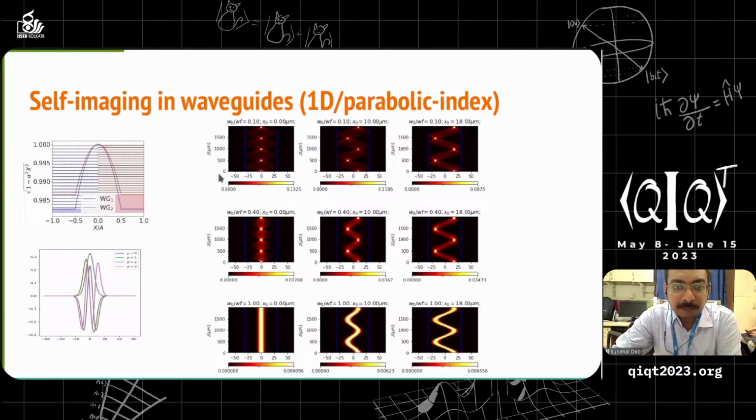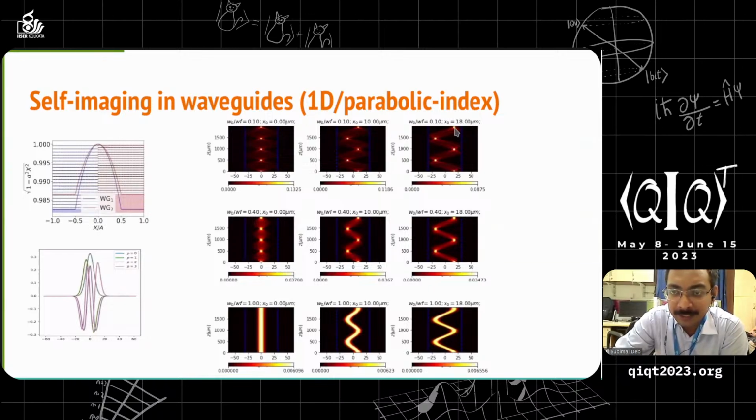Now let's come back to this 3 by 3 grid of propagating beams inside the parabolic index waveguide. If you notice carefully, as you change the offset, the place where the beam is reproduced changes very slightly.